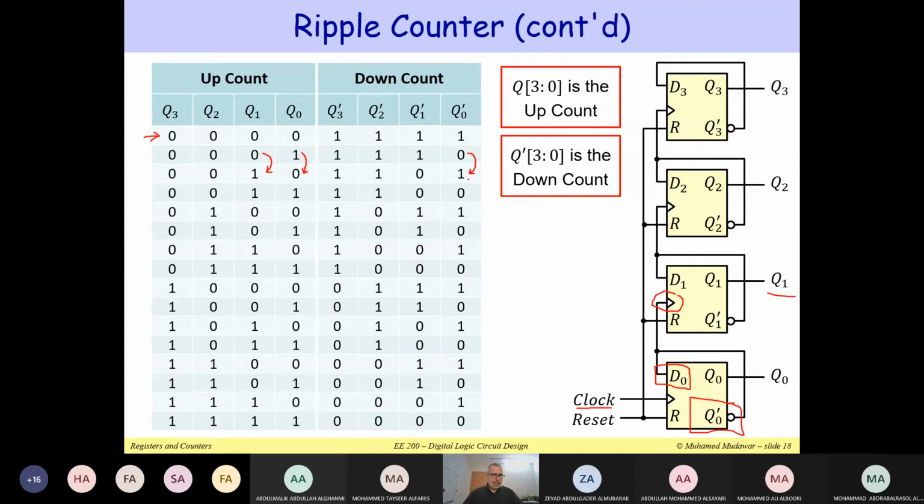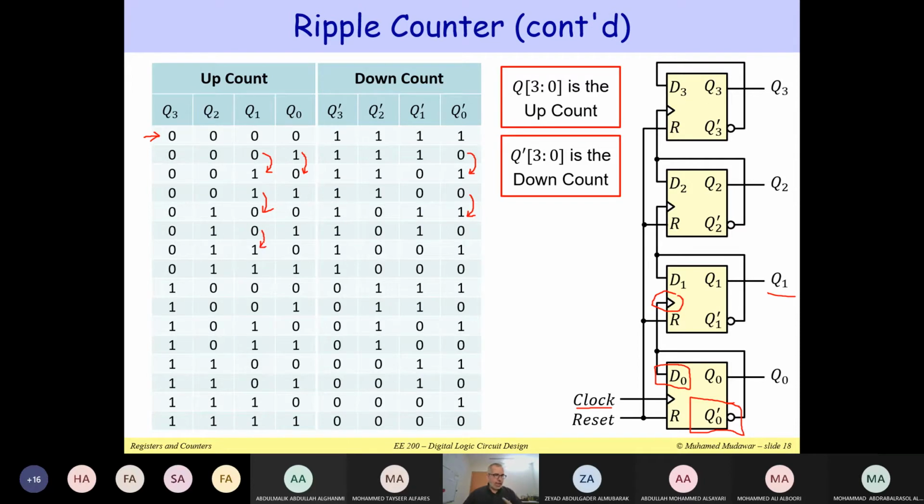You can see that this is also happening here when Q0 prime goes from 0 to 1. Notice how this is toggling here, and here. So it's toggling every 2 cycles.